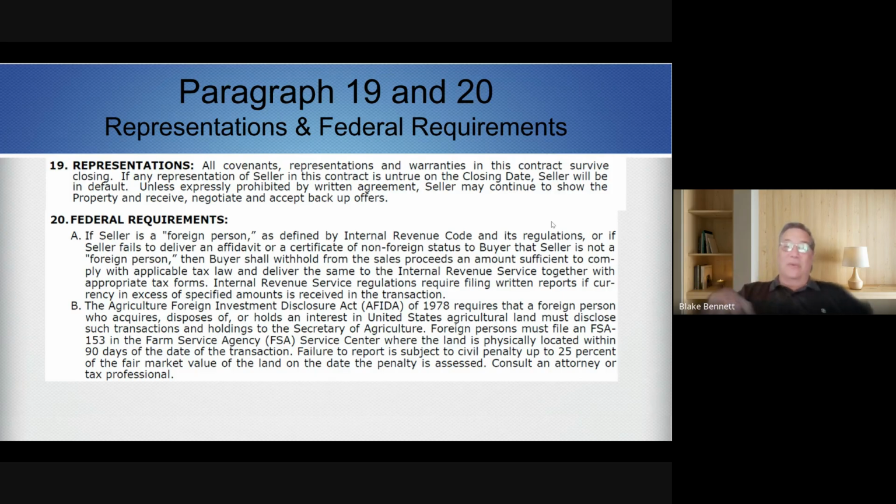So I started calling around to different government agencies and saying, if you had 5 minutes with a real estate agent, what would you want them to know? United States Department of Agriculture Farm Service Agency, FSA, said this right here. Okay, they've got to file this paperwork within 90 days of purchase. If they don't, they can be fined 25% of the market value of the property.